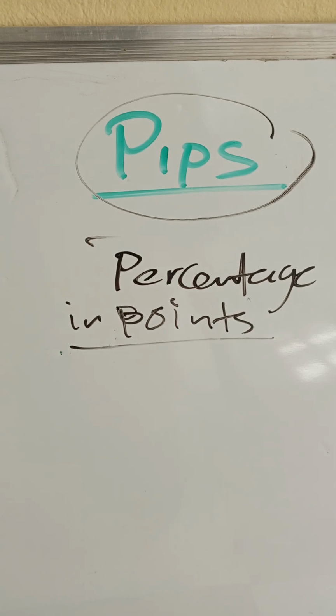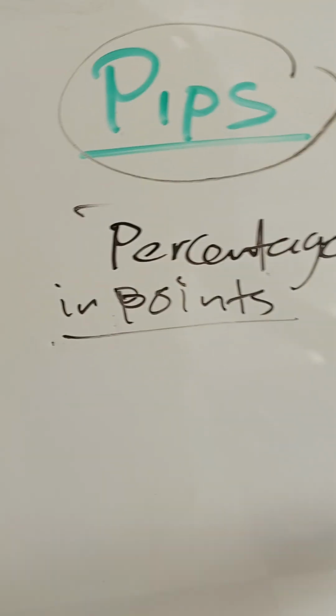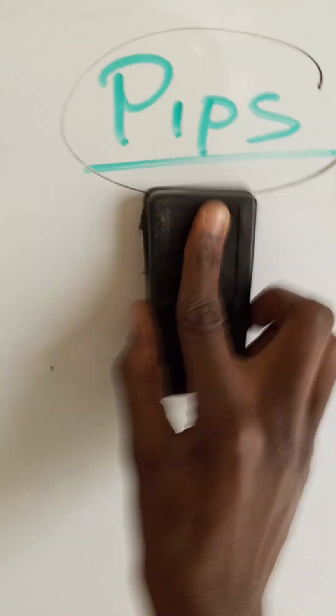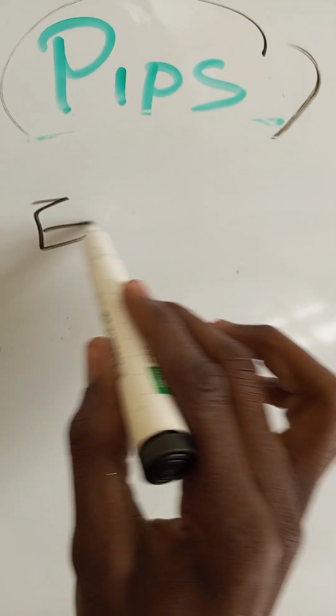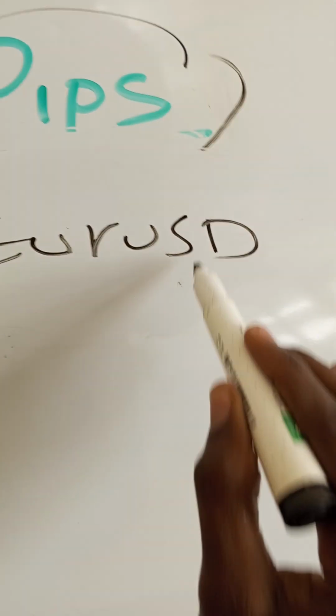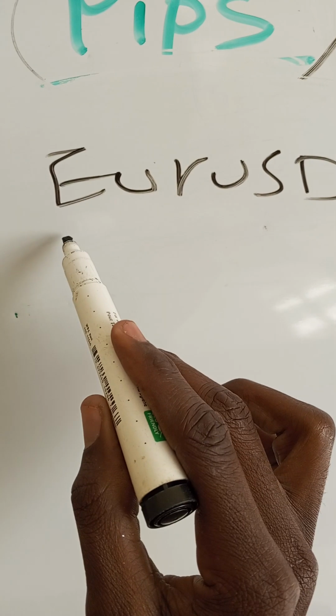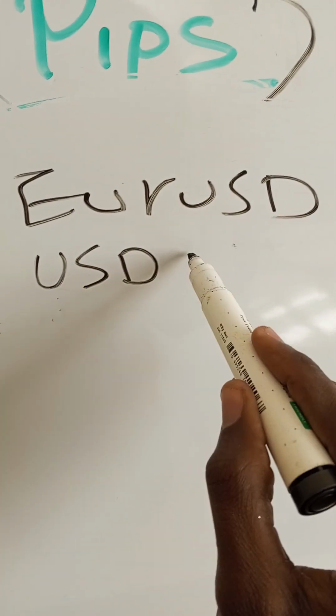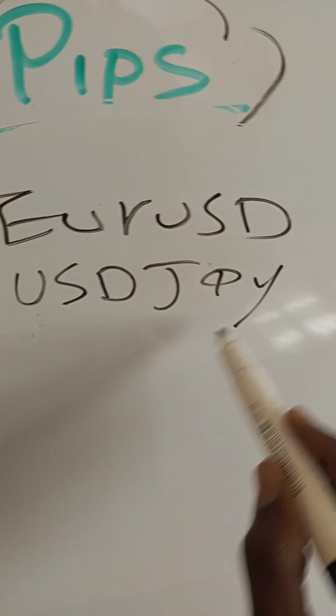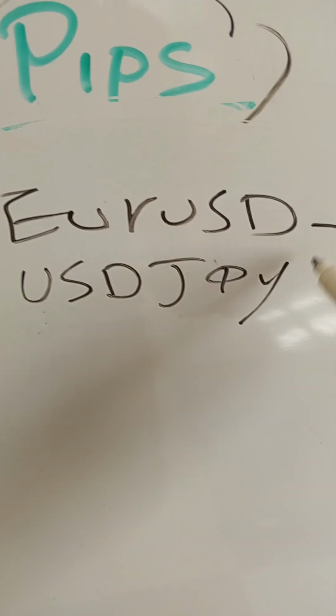Alright, so let's say on the currency pairs, I'll pick two types of currency pairs, which is the Euro USD, and I'll also pick USD JPY.